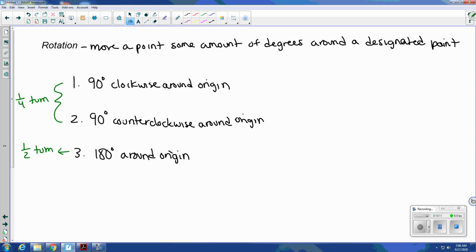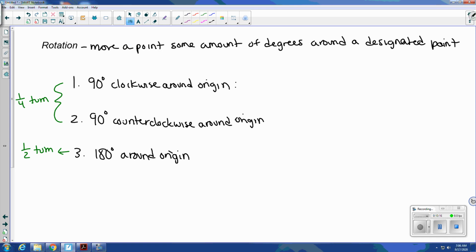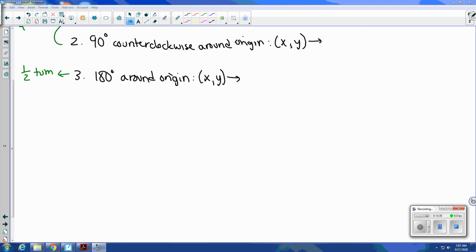Now, to determine what we need to do for each of these, we'll just actually take our piece of paper and rotate it the desired amount of degrees, and you'll see what the resulting point should be. So if we take some point (x, y) for each, let's say I have my piece of paper. We have a coordinate plane on it, and I plot some point at, say, (2, 1).